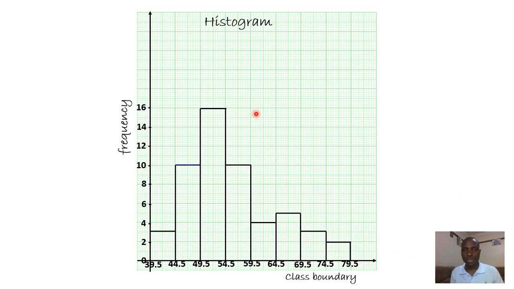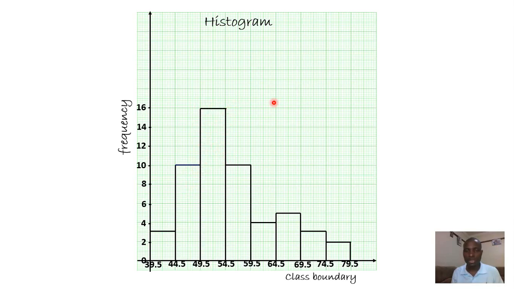Then they told us to use the histogram to estimate the mode. So we look for the modal class, and that is the class with the longest rectangle. So we look for the top and then join the top corners to the adjacent opposite corners. So this is going to go to this and this to that.